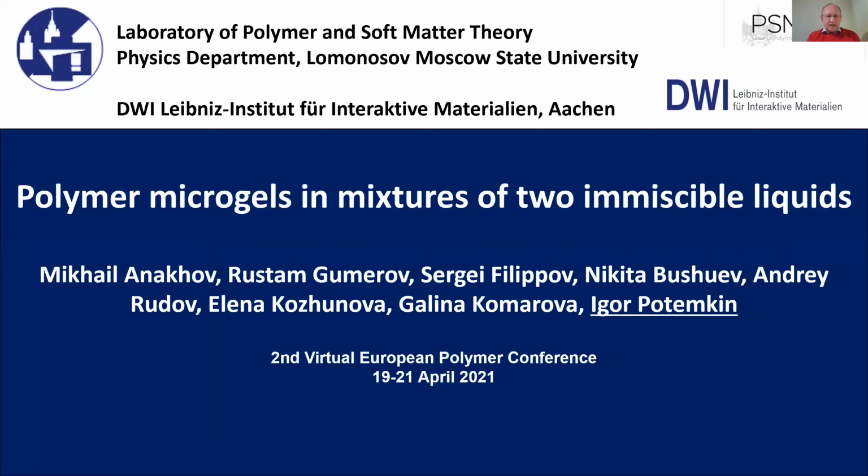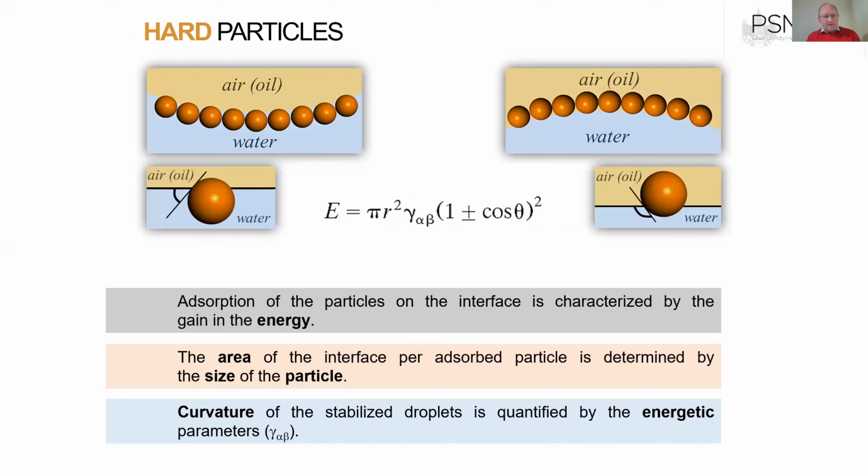And today I would like to talk about polymer microgels, which are surrounded by two-component liquids, oil and water. As all of you are familiar, solid nano and microparticles are widely used for stabilization of emulsions in the mixture of two immiscible liquids like oil and water.